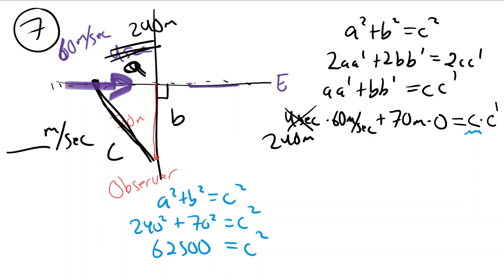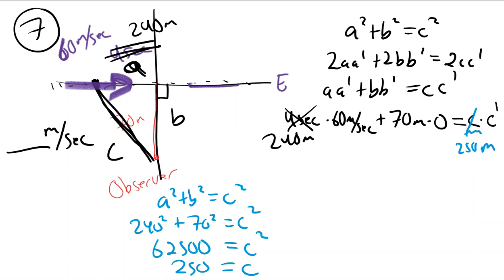And the square root of that's probably not going to come out to something perfect. Actually, it is. So it looks like C is 250. That would be in meters.